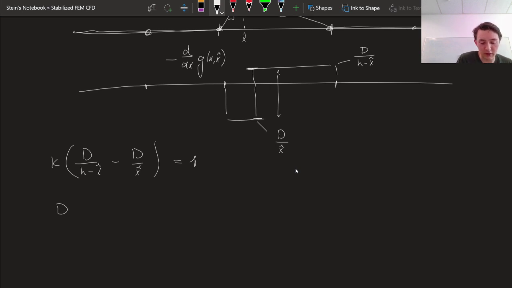So that gives us a definition for the height d as kappa times d over h minus x hat plus kappa times d over x hat minus 1. And then you can work this out yourself, but this ends up simplifying a little bit.